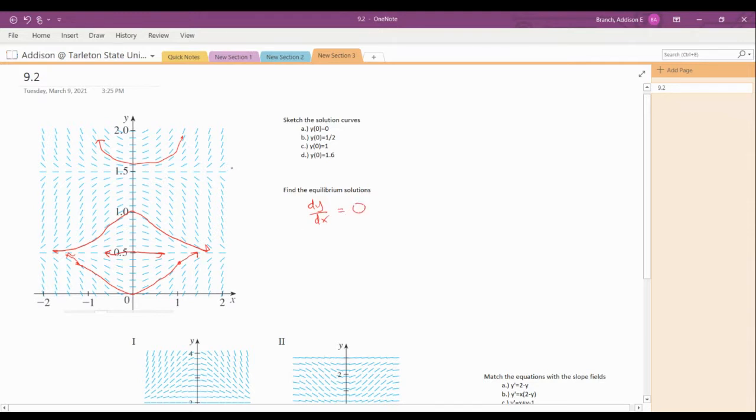If we look at this graph, we can see a couple of points where that happens. At y equals 1/2 and y equals 3/2, it just stays at 0. It doesn't change. Therefore, our equilibrium solutions would be y equals 1/2 and 3/2.